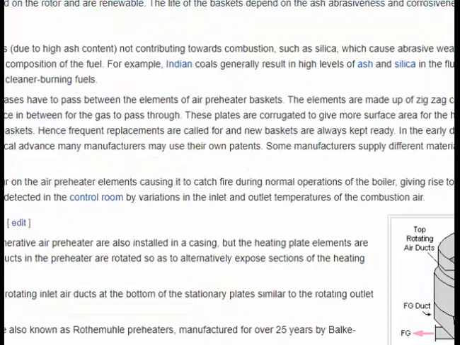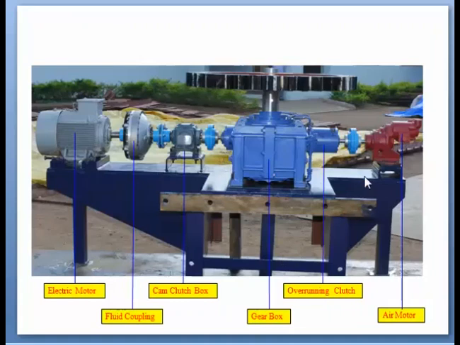So this is the schematic where you can see the electrical motor, then coupling, clutch box, then gearbox for speed reduction, then the overrunning clutch and air motor. The speed transmitted by the motor is reduced with the help of this gear.